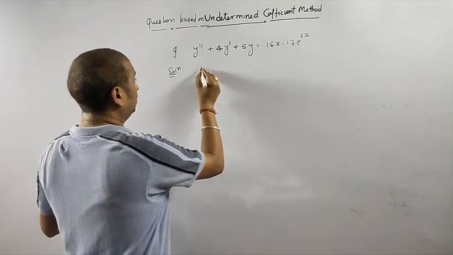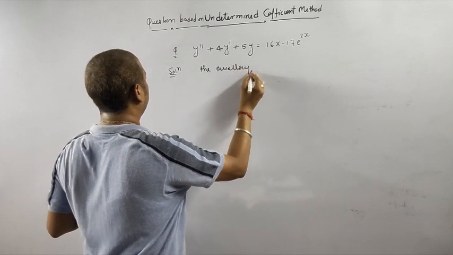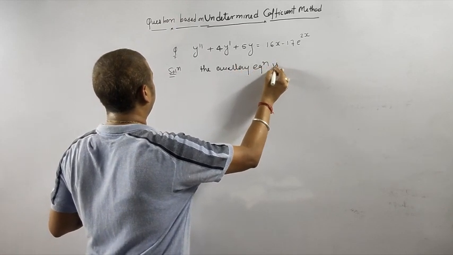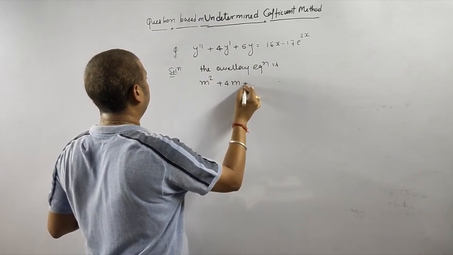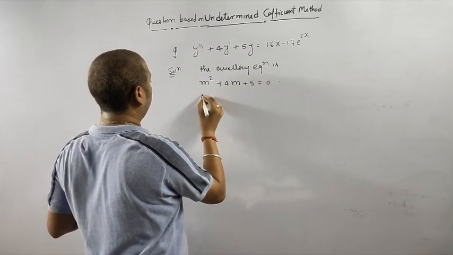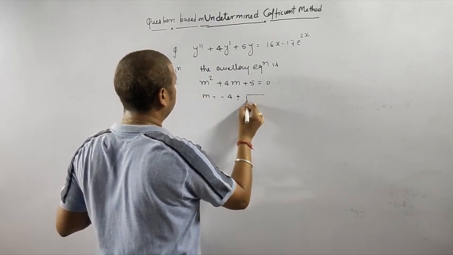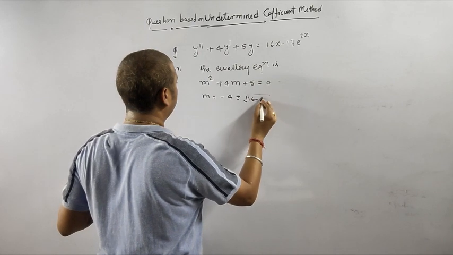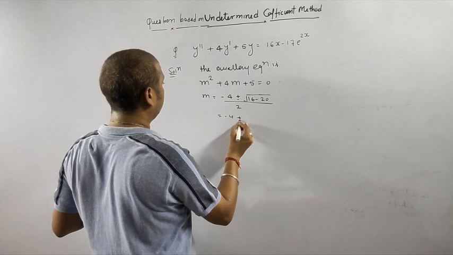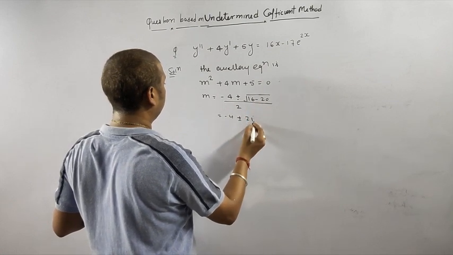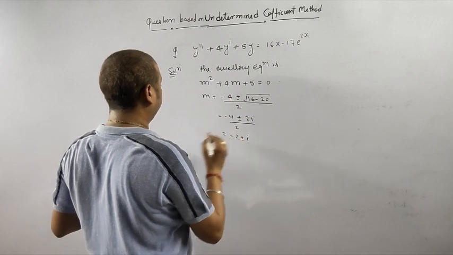How do we write it? The auxiliary equation is m square plus 4m plus 5 is equal to 0. What is the m value? Use the Shukla method. So m is minus 2 plus minus iota.